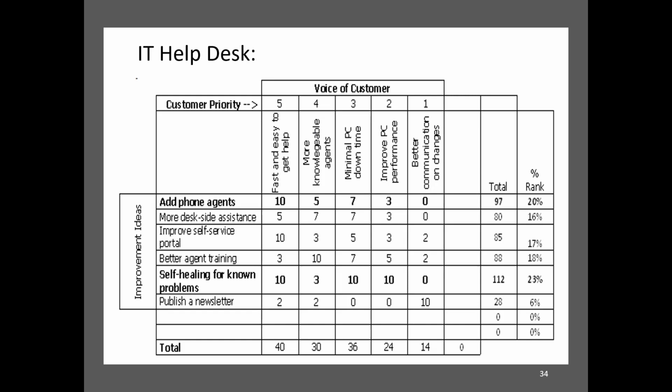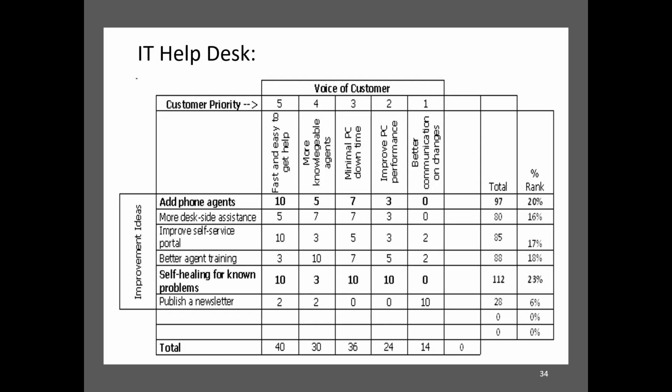And there's a bunch of ideas that might be able to impact these. One might be add more phone agents, more desk side assistants, improve the self-service portal where people can learn to fix their own stuff, better agent training. Maybe there's some self-healing programming that can be done. Maybe we publish a newsletter. So each of those X's has a ranking also.